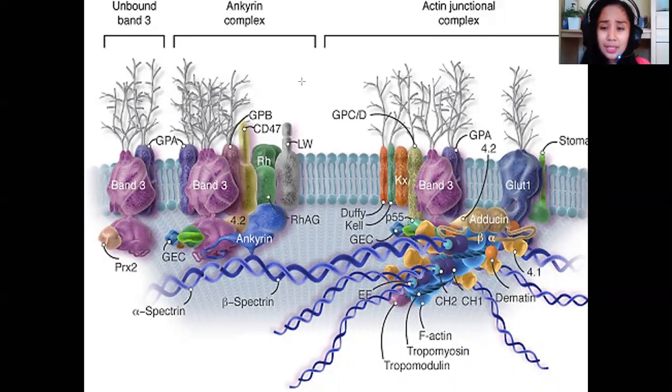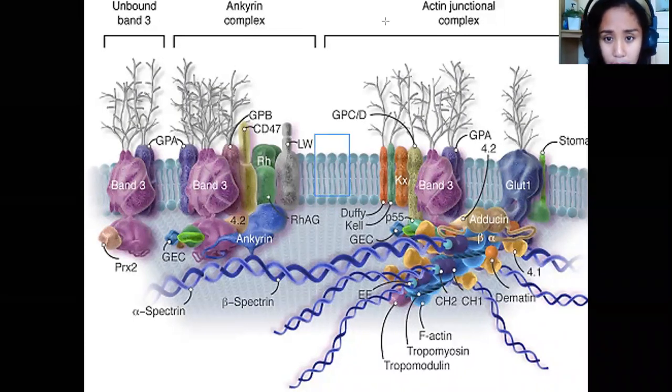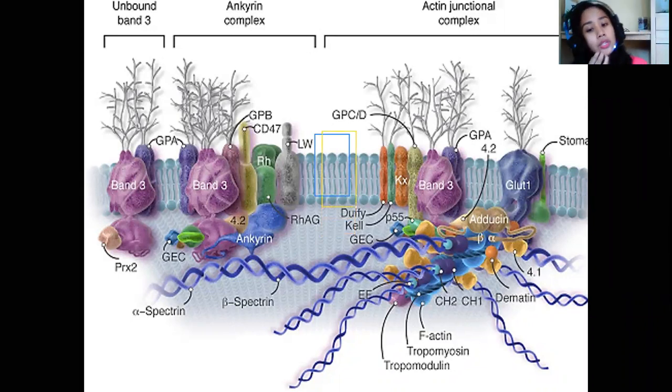Ang complicated ng red blood cell membrane. Maganda tong image na to. As you can see, medyo blue lang though, sorry. May iba pa tayong color. So this is the membrane of your red blood cell.